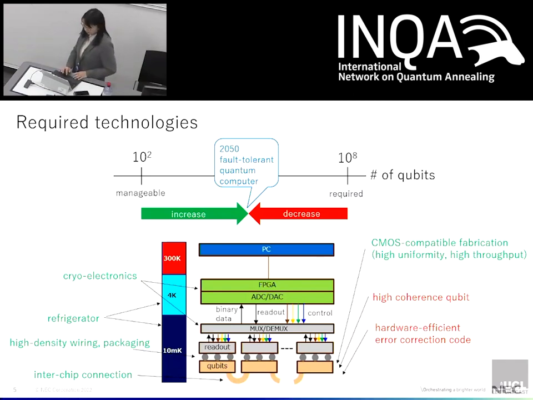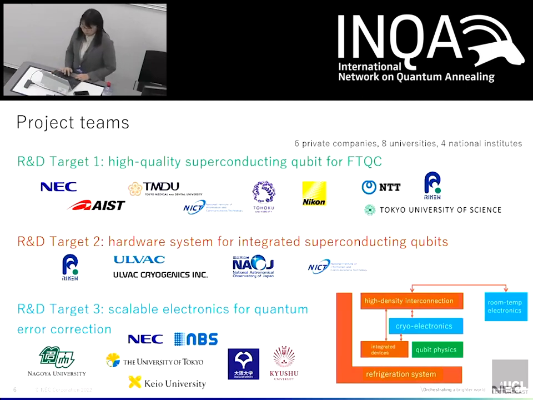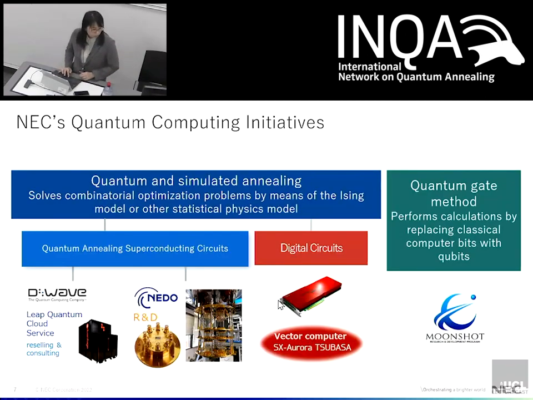On the other hand, the number of qubits that can be controlled is limited due to various restrictions, so efforts to increase the number of controllable qubits are also important. In this project, a wide range of technologies are being developed in collaboration with several teams. I listed all collaborators here: 6 private companies, 8 universities, and 4 national institutes are included. This is the project on quantum gate method machine.